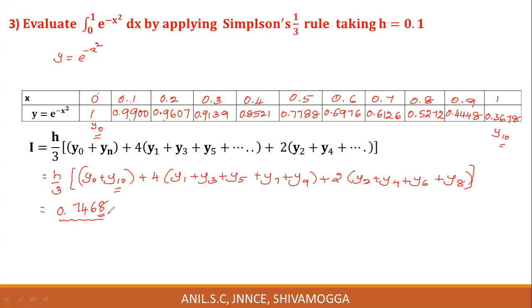In third semester and fourth semester also, there are many numerical methods involved in this syllabus. You have to write each answer up to 4 decimal places. 3 places are expected to be correct and fourth may be anything. 0.7467, 0.7468, 69. Is this clear?